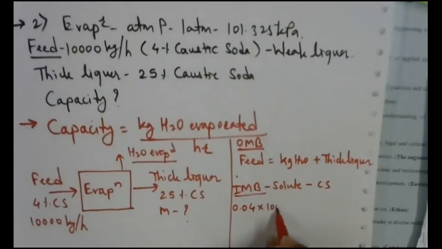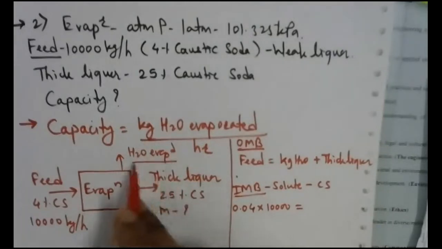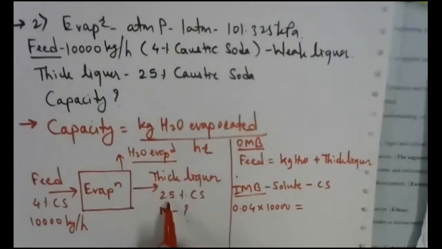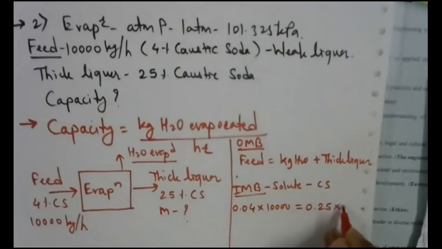So 0.04 into 10,000 equals, now here only water is there, no solute is present, so 0, but in this thick liquor 25% caustic soda is there. So 0.25 into the mass flow rate of thick liquor. So we can calculate the mass flow rate of this thick liquor with the help of this individual material balance.